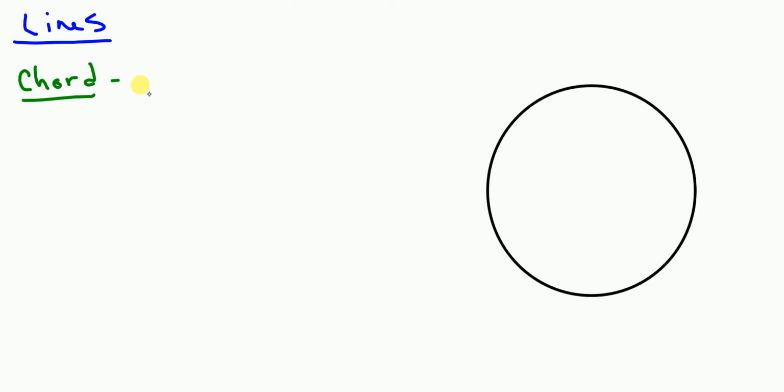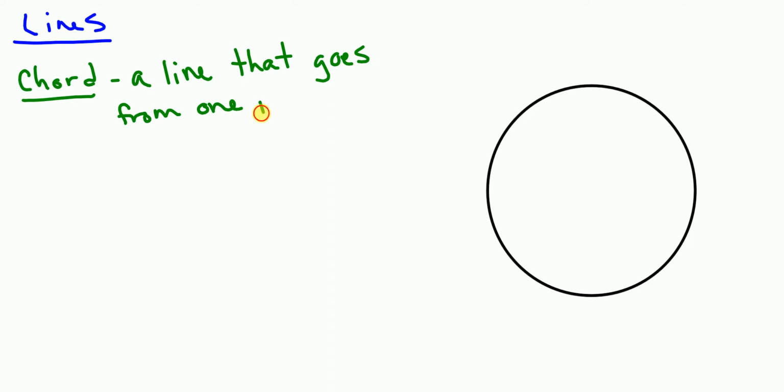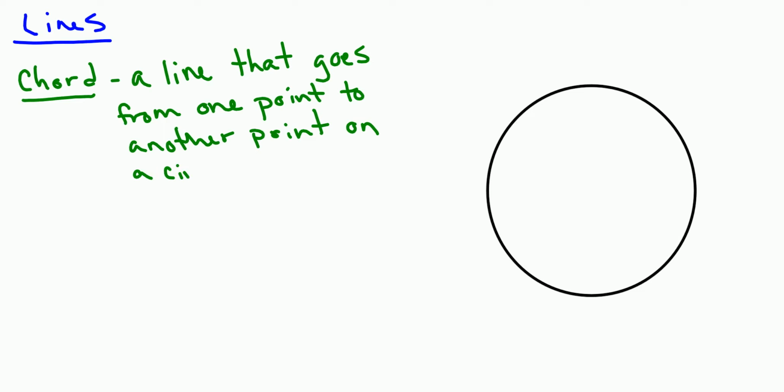And a chord is a line that is a line that goes from one point to another point on a circle.